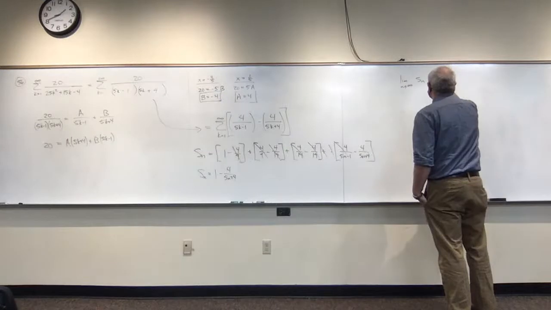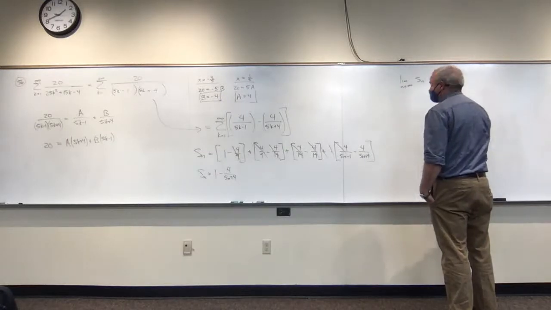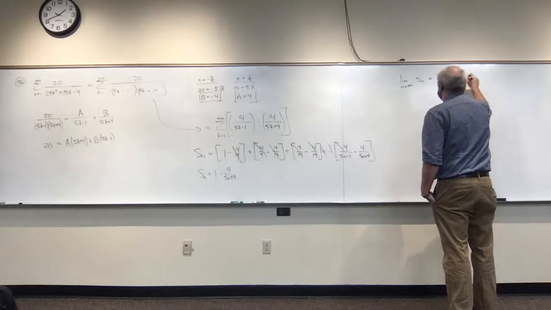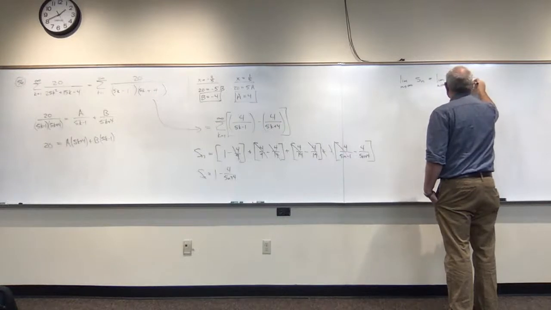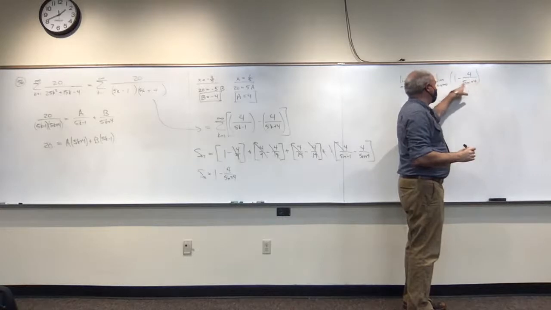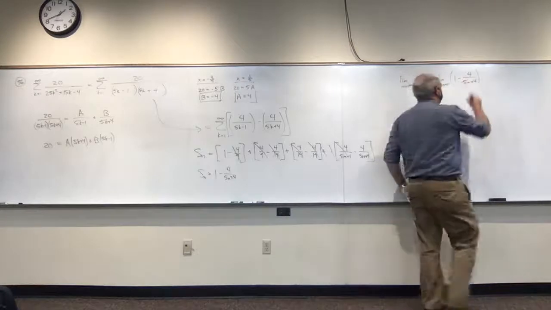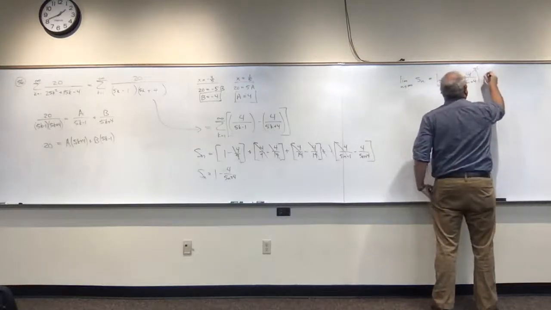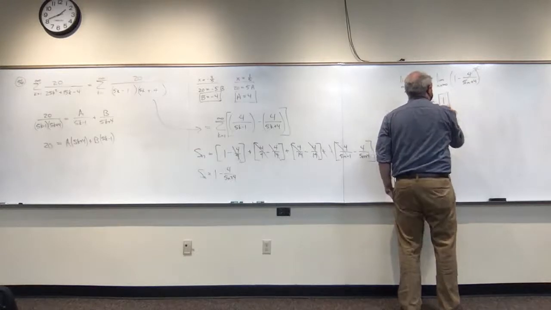That's the limit as n goes to infinity of 1 minus 4 over 5n plus 4. As n goes to infinity, what happens to the bottom of this fraction? It goes to infinity, so the fraction goes to 0. So that whole fraction goes to 0, and I'm just left with 1.